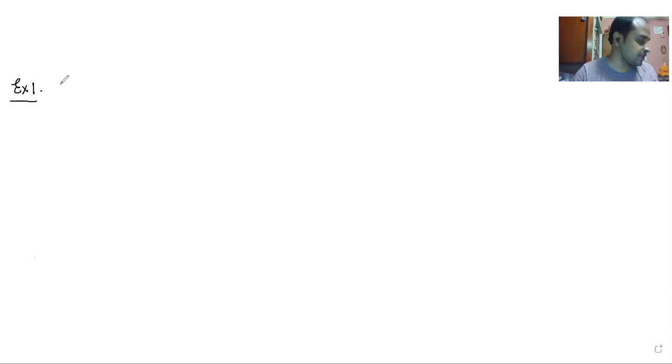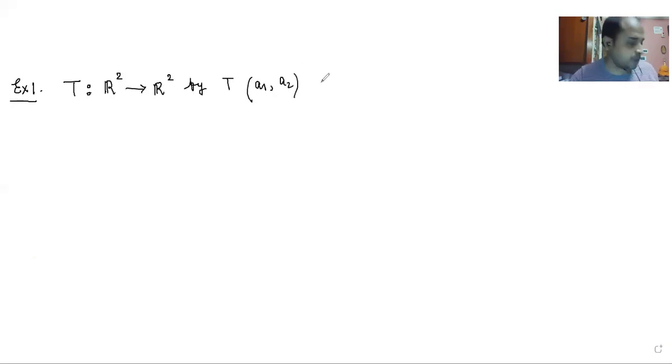The transformation is T from the two-dimensional space R2 to R2, defined by T of (a1, a2) equals (a1, minus a2).